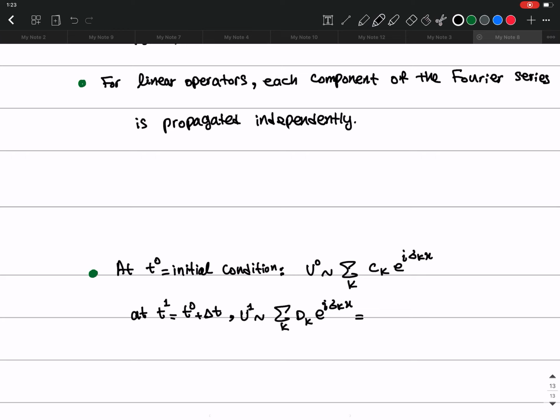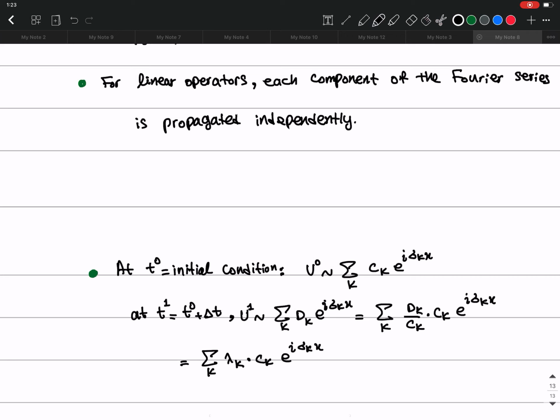This is going to be a different coefficient, right? Because at that time your u1 is going to be different. So we can write it as dk over ck times ck e^(i sigma k x), which again we can write as sigma k lambda k times ck e^(i sigma k x).